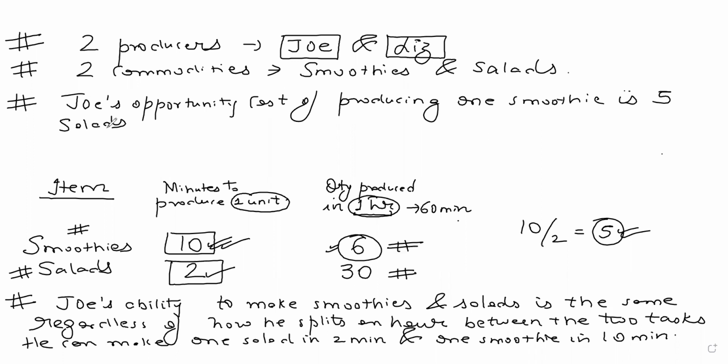And on the other hand, suppose Joe devotes his time to producing salads. Then he can produce one salad in 2 minutes. If he used these 2 minutes to produce smoothies, how many smoothies will Joe produce? Joe uses 10 minutes to make one smoothie.